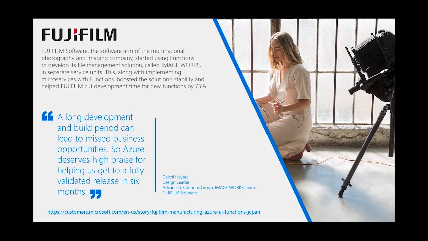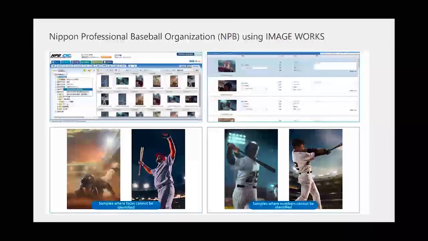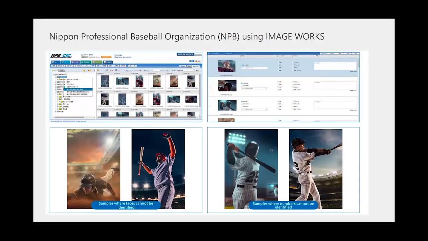So initially they were using a lot of manual human process work, and you can look at some of the screenshots here of this software called ImageWork, right? This is used in NPB, Nippon Professional Baseball. The challenge, a lot of challenge that they faced was manual tagging requires a lot of time.